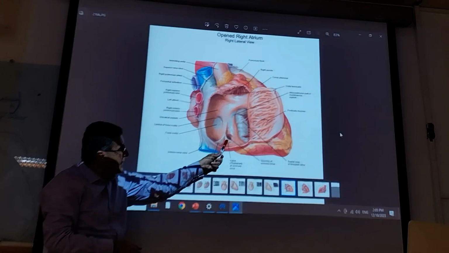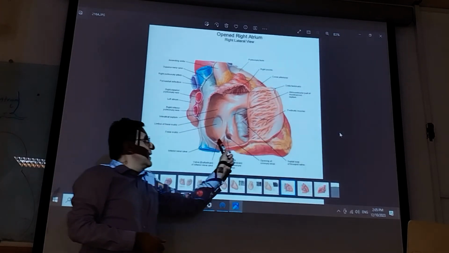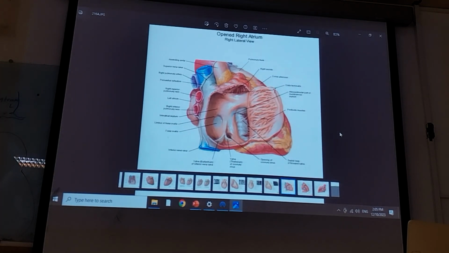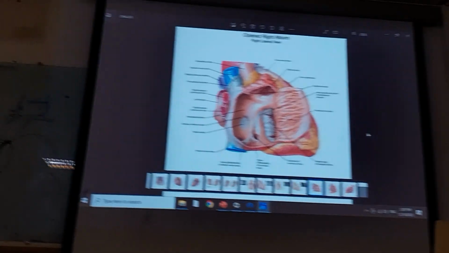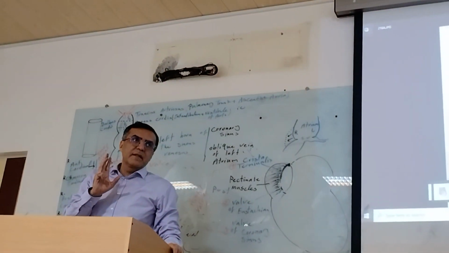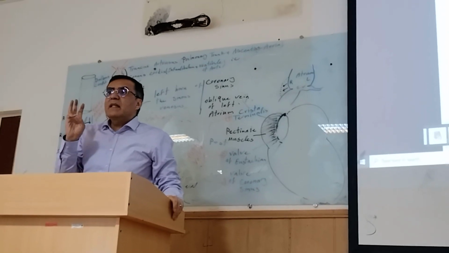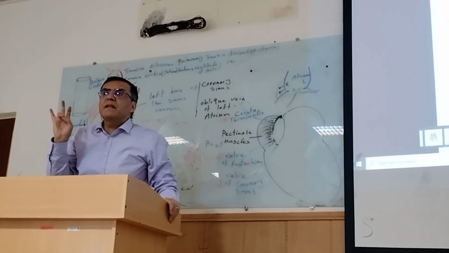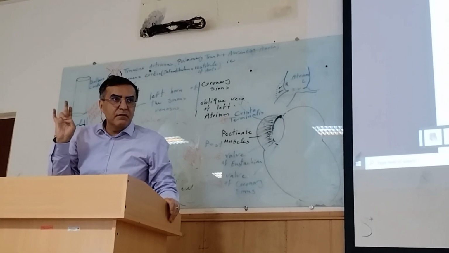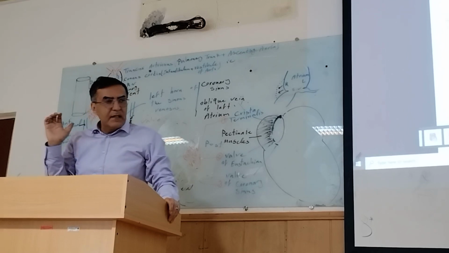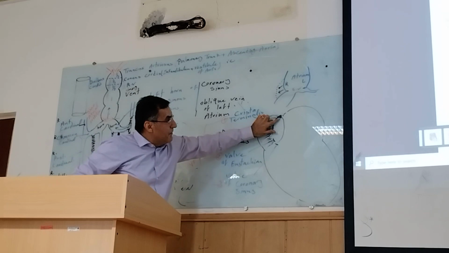We say three structures are made by the right valve of the sinoatrial orifice: the crista terminalis, the valve of the IVC or Eustachian valve, and the valve of the coronary sinus. Is it clear?